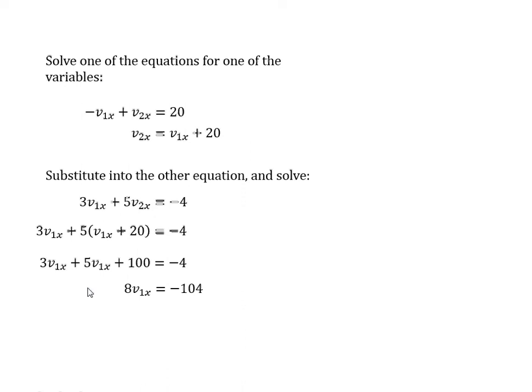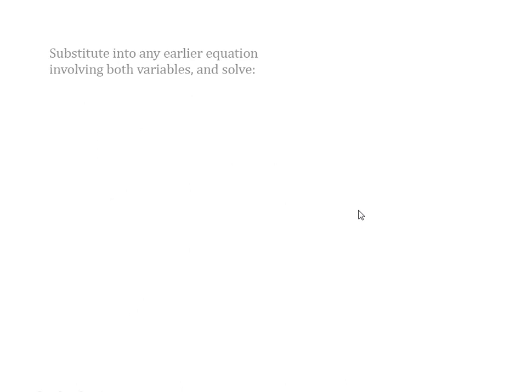Combine the 3v1 and the 5v1 to get 8v1 equals, at the same time, I subtracted 100 from each side. So on the right-hand side, negative 4 minus 100 gives negative 104. Divide both sides by 8. Just by coincidence, this works out nicely. So the final velocity of object 1 is negative 13 meters per second. So object 1 is actually moving to the left. Once we have that, we can go back to any earlier equation that involves both variables and solve.